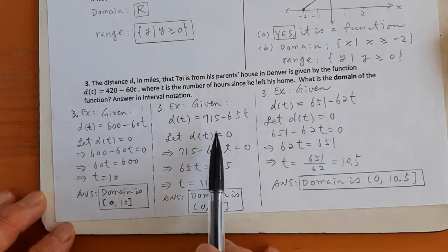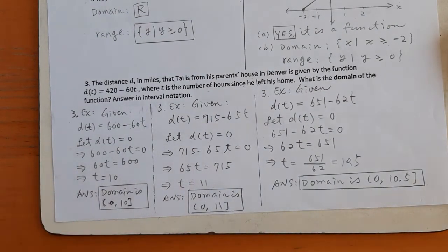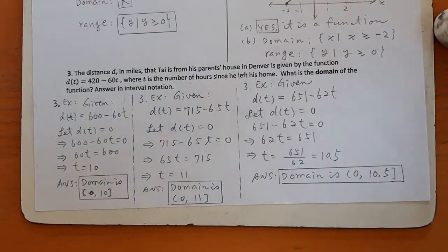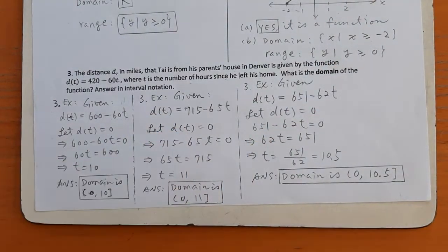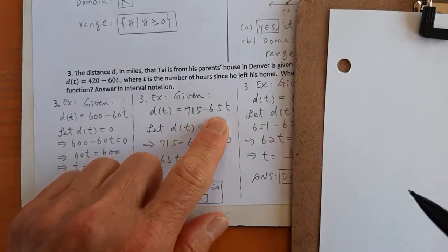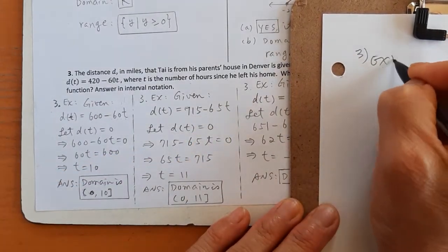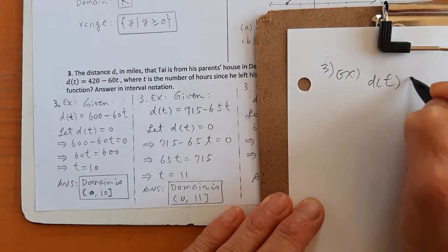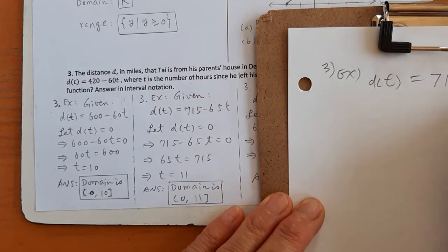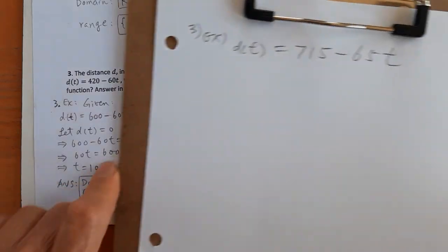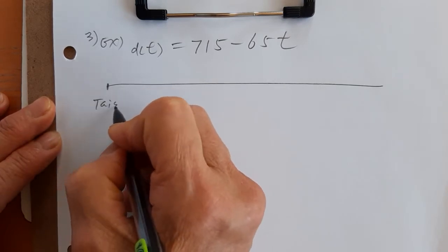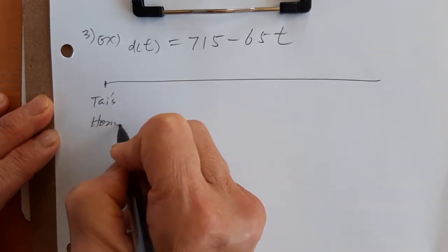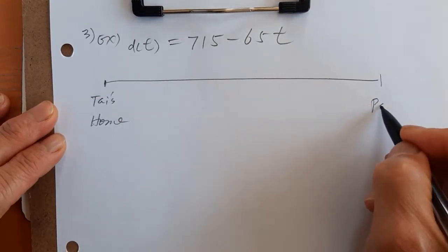Another example, question 3: d of t equals 715 minus 65t. This is a linear model, and what it means is that Ty's home is here and his parents' home is here.